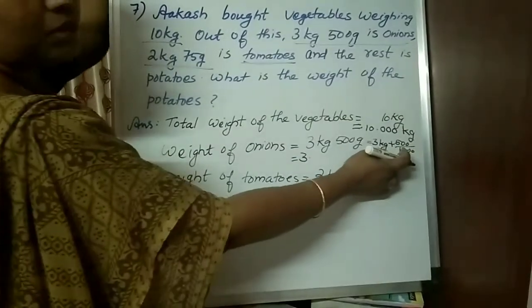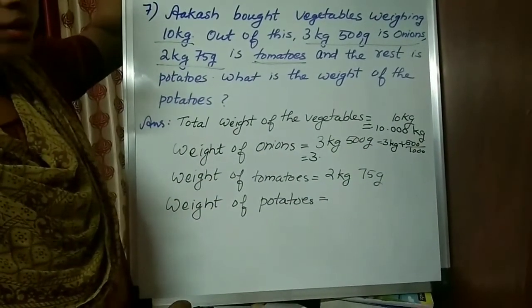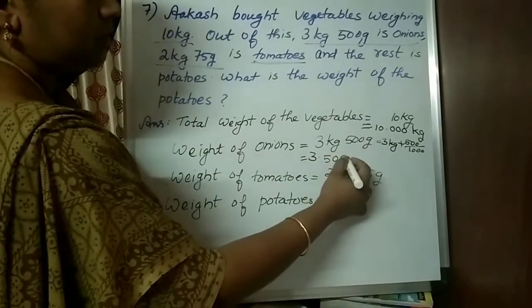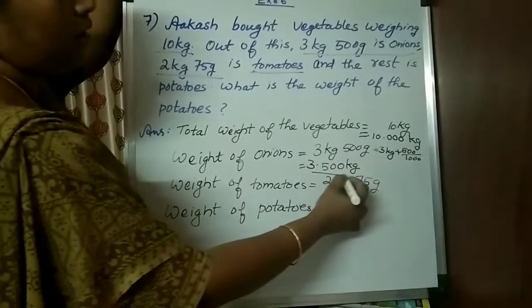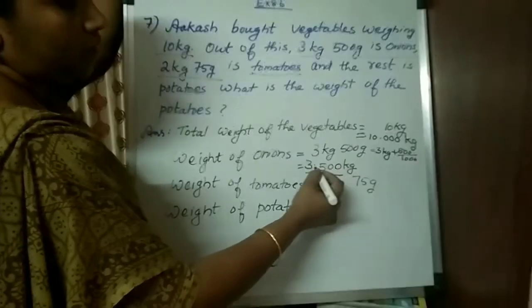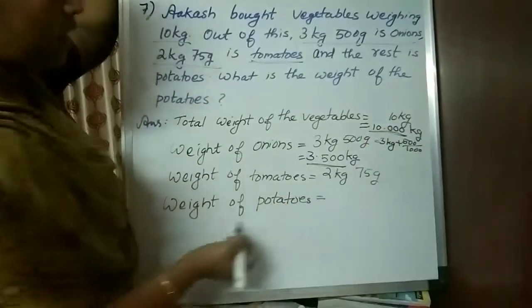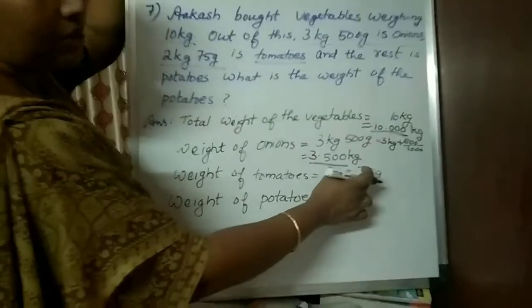Here 3 zeros in denominator. So what is the numerator? Numerator also 3 digits are there. So you simply write that numerator. That is 3.500, that much kilogram.